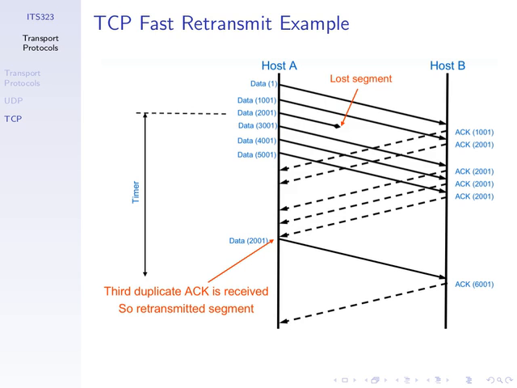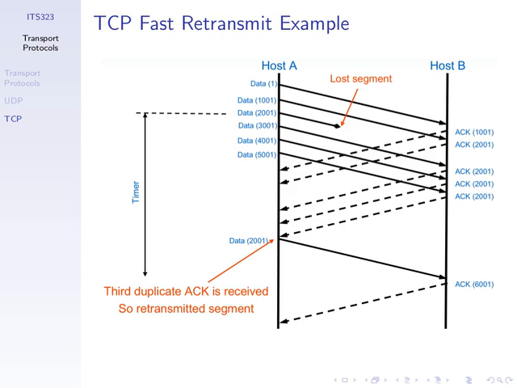Then it receives another duplicate, 2001, giving A some indication that maybe the segment that I sent has been lost. Maybe it has, or maybe it's just delayed in getting there.